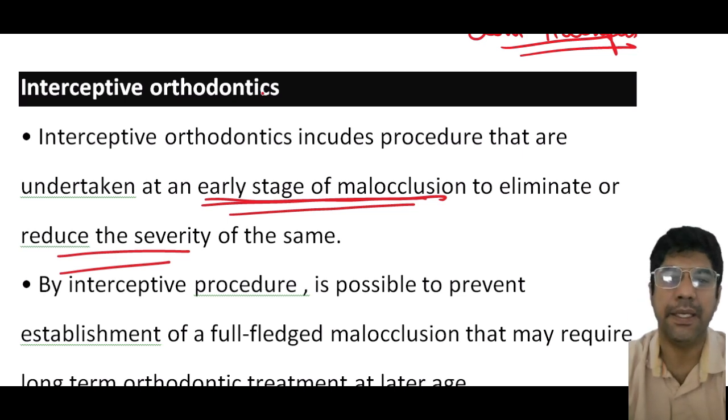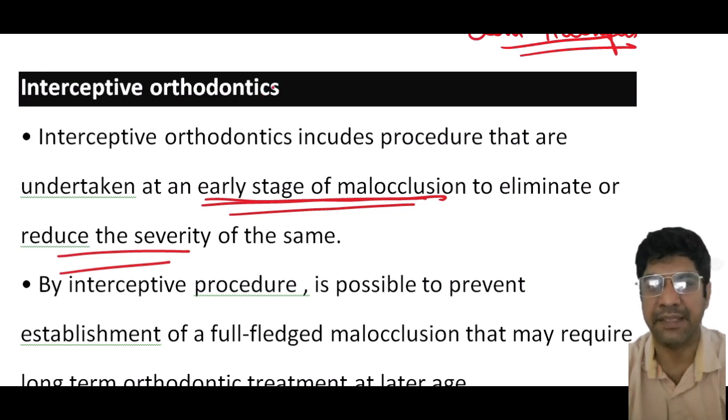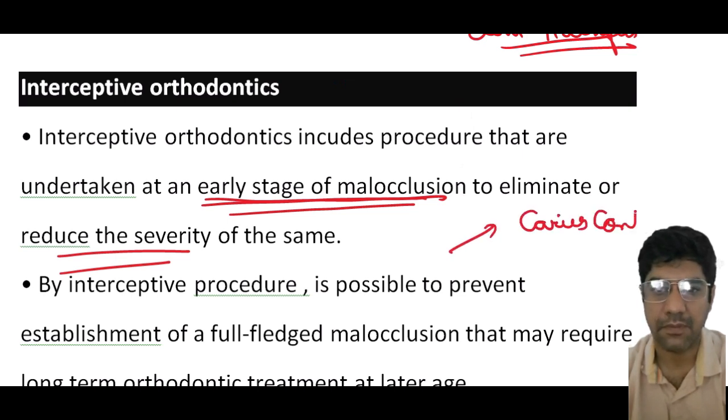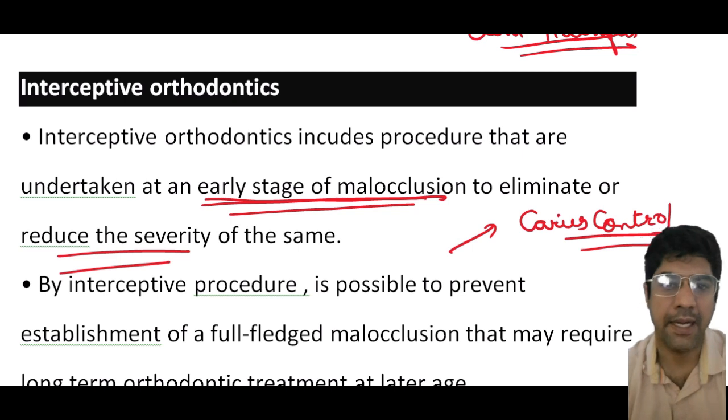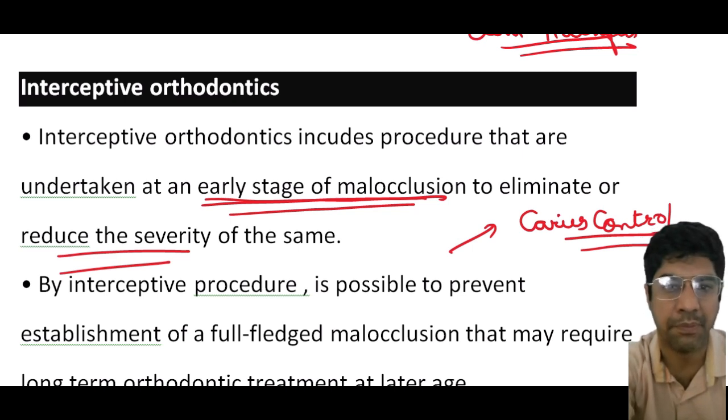So what are the key measures and actions in interceptive orthodontics? Number one is caries control: managing and preventing dental cavities. It is essential to maintain good oral health and reduce the risk of malocclusion caused by tooth decay.